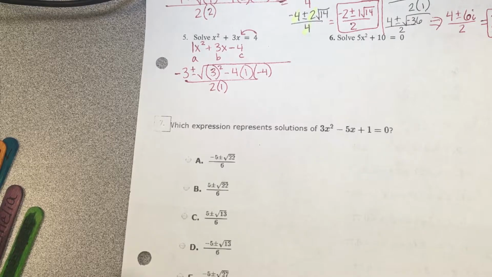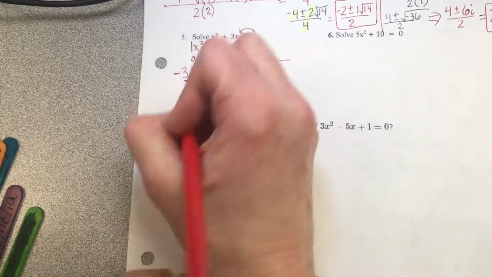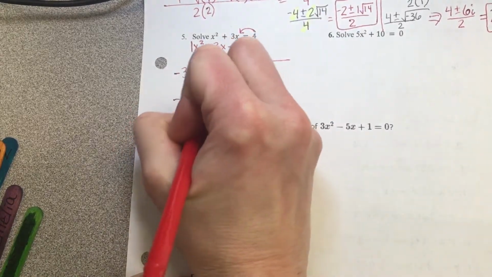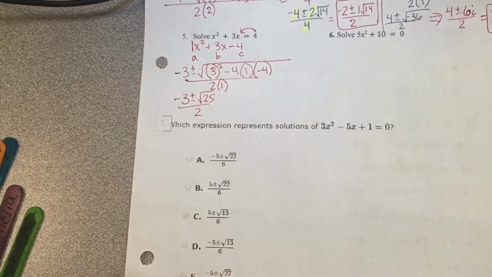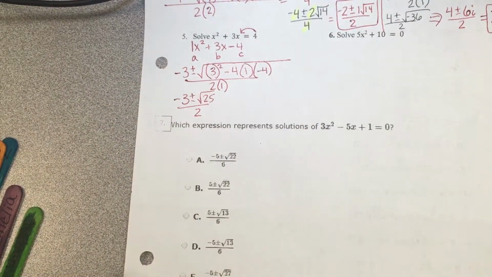All right, what do you get when you put that one in the calculator? 25. All right, so type in the calculator, you get 25, okay?